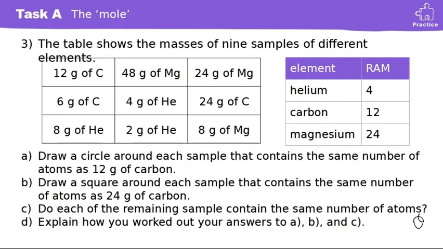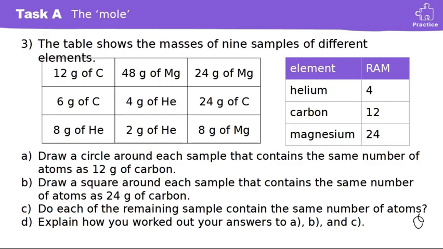Okay, so let's answer these questions about moles. The table shows the masses of 9 samples of different elements. And it says: A, draw a circle around each sample that contains the same number of atoms as 12 grams of carbon. B, draw a square around each sample that contains the same number of atoms as 24 grams of carbon.